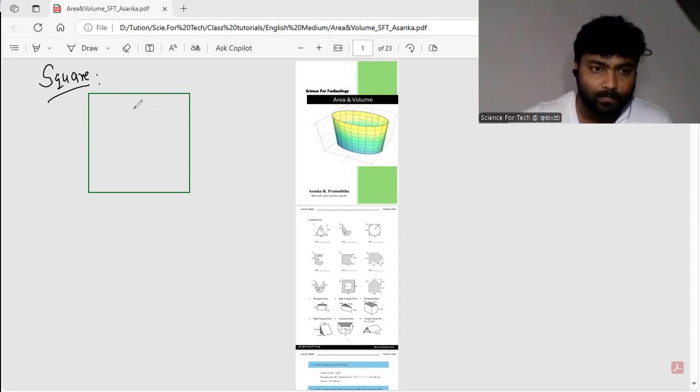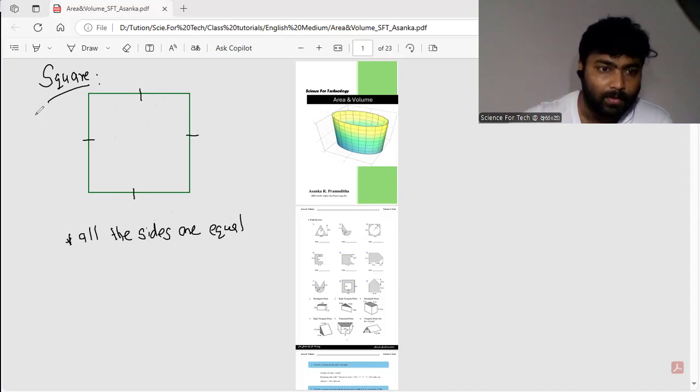In a square, all the sides are equal. Then all the angles are 90-degree angles.